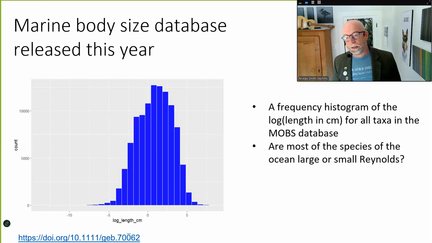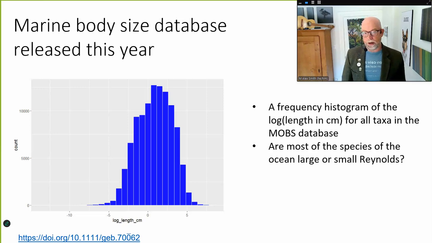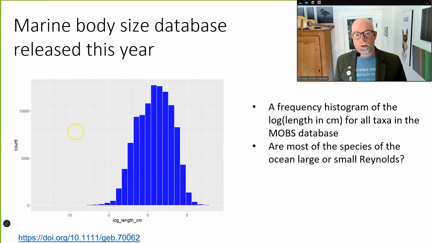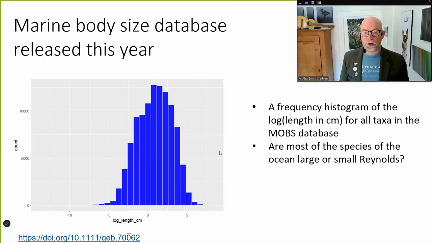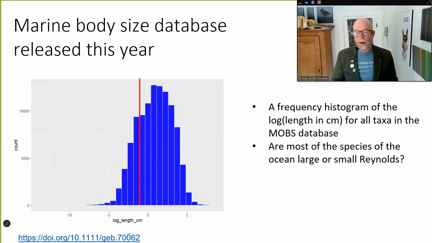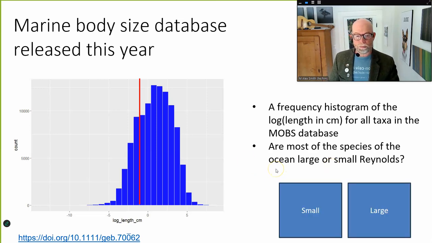So, looking at this frequency histogram of occurrence of species by size of animal in the marine environment, how would you answer the question: are most of the species in the ocean large or small Reynolds number animals? Remembering that about where 1 millimeter would occur in the logging of the length, which is in this case a centimeter scale.